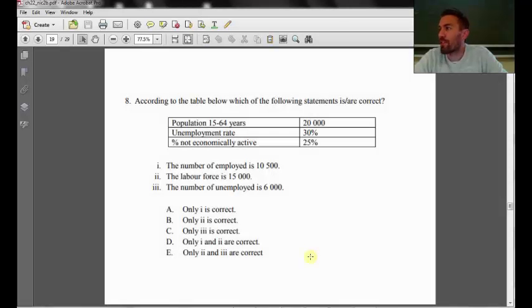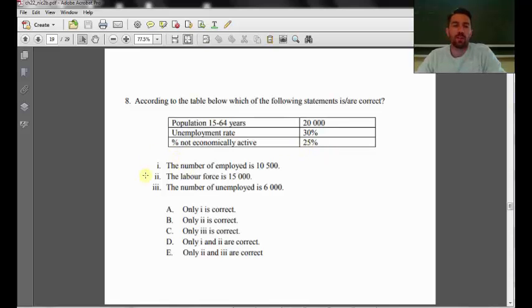Okay, so this is a fairly common kind of question that you will encounter. You've been given a table with some information. You've been told there's a working age population of between 15 and 64 years, and you've got a number, there's 20,000. You're told that the unemployment rate is 30%, and you're told that the percentage of this group of people that is not economically active is 25%.